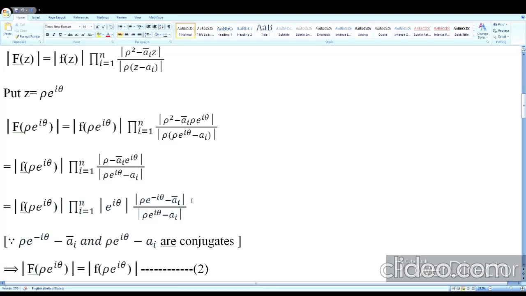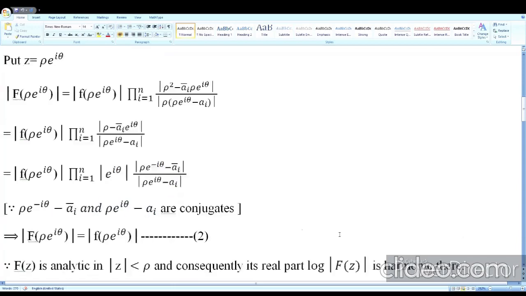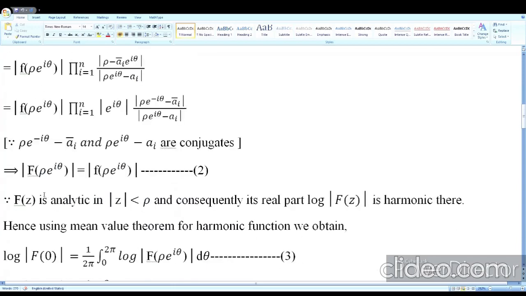Now see, the numerator is ρe^{−iθ} − āi, and the denominator is ρe^{iθ} − ai. Both are conjugates. If you take the bar of the numerator, you will get the denominator. So both are conjugates, and the modulus of conjugates are equal, |z| = |z̄|. So they get cancelled. The modulus of e^{iθ} is also 1. And so we get |F(ρe^{iθ})| = |f(ρe^{iθ})|.